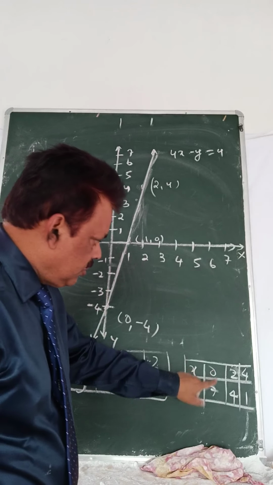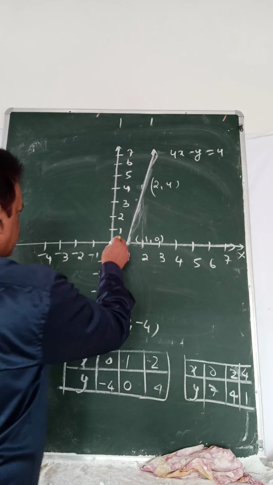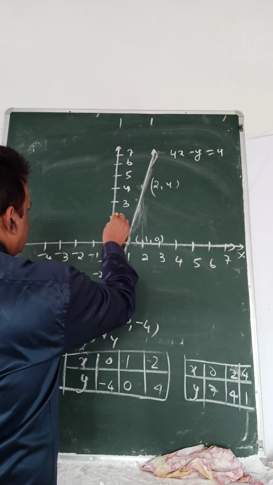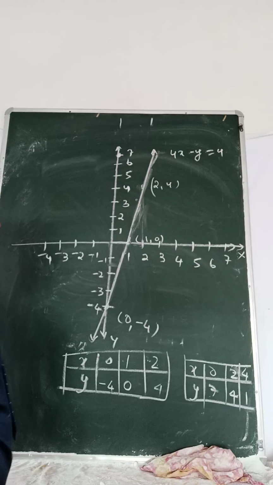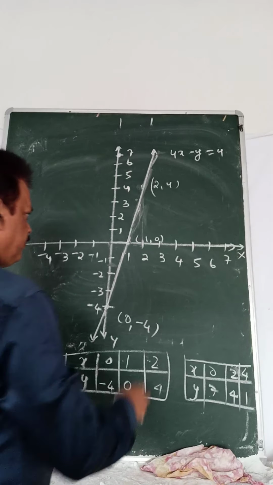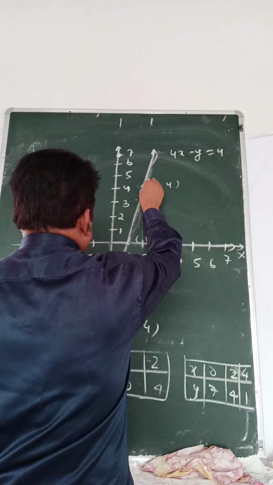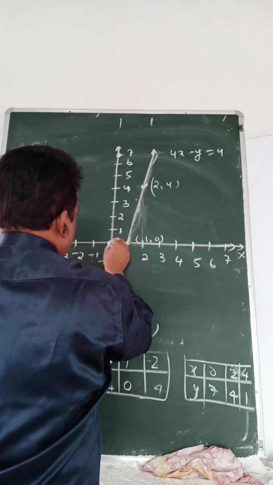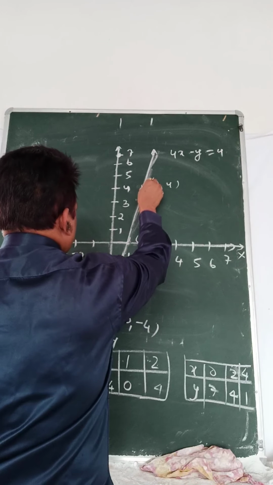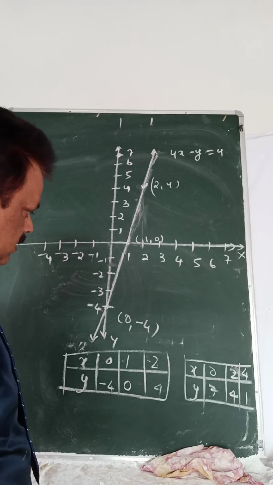Second, you say (0, 7). 1, 2, 3, 4, 5, 6, 7. This point you got. Then (2, 4). Same point, look at here. X is 2, y is 4. Same point.